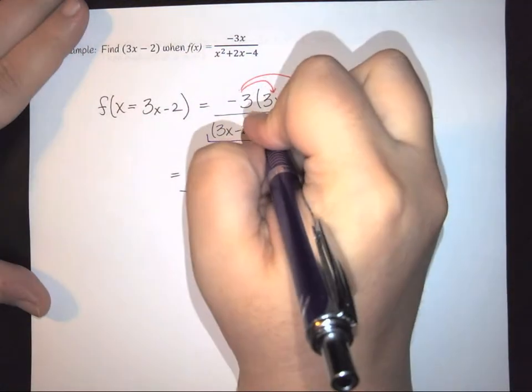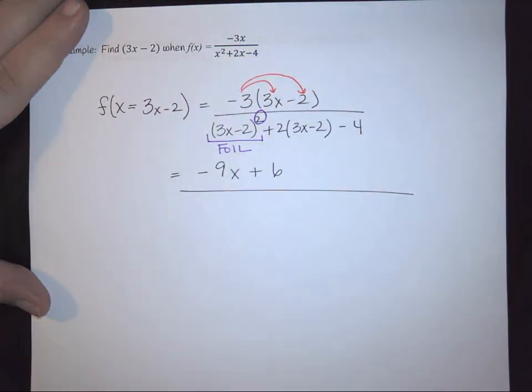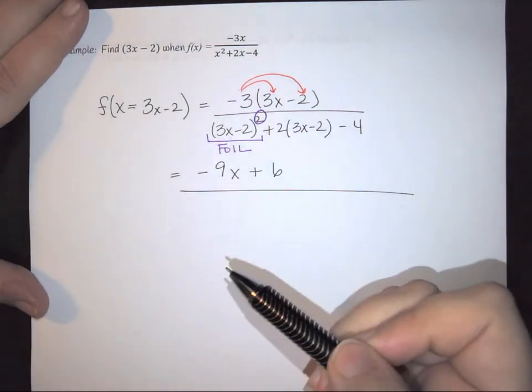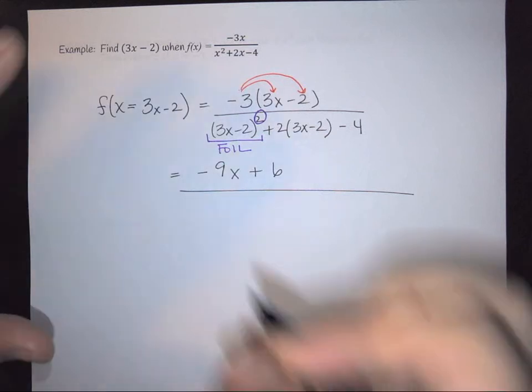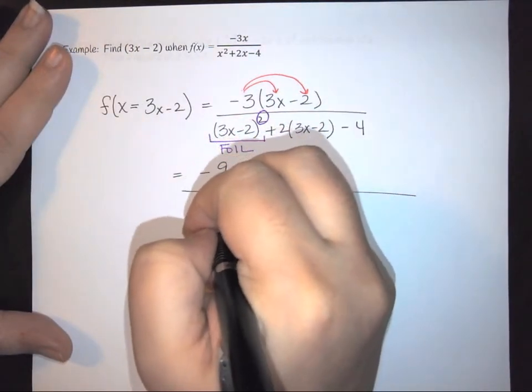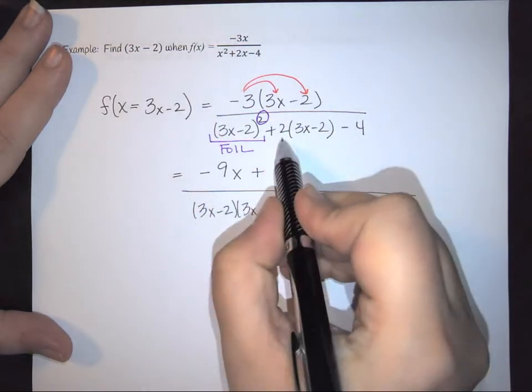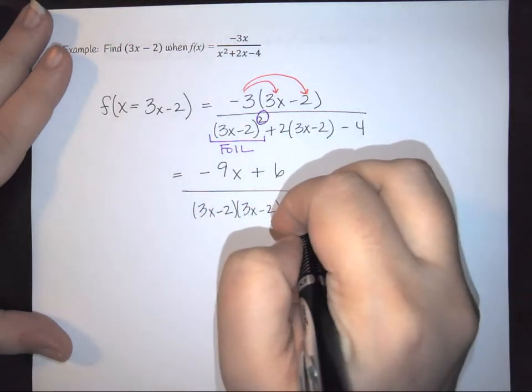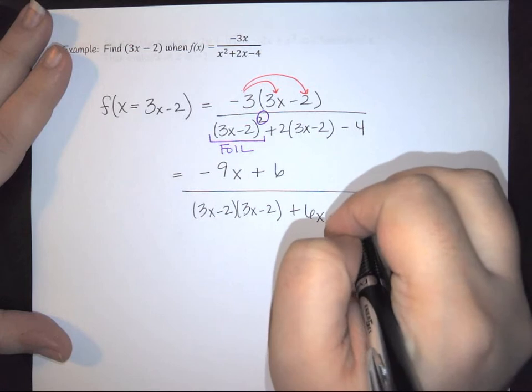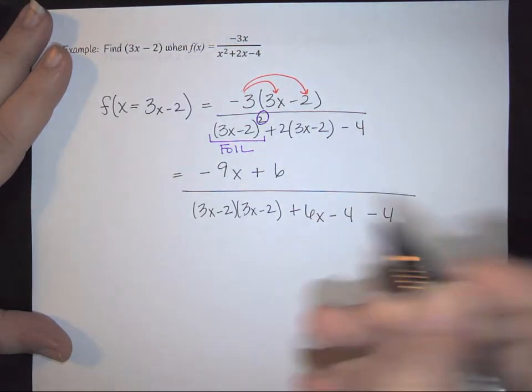Why? Because the square tells us that we have 2 of them. So we have 3x minus 2 times 3x minus 2. And then we have to distribute our 2 through, so this becomes plus a 6x minus 4 minus 4.